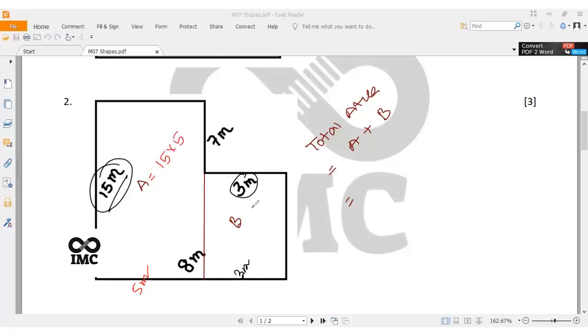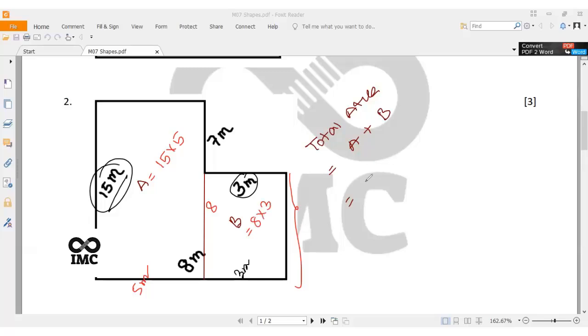And area of rectangle B, we need to find out this measurement. Here this one is 3 and the total is 15. From this 15, if we subtract 7, then it will be 8. 7 plus 8, 15. So area of rectangle B will be 8 multiplied by 3.